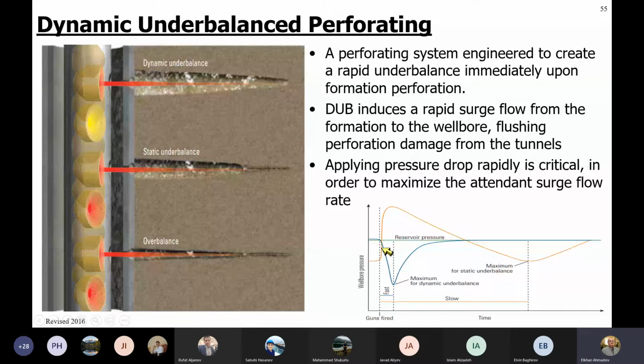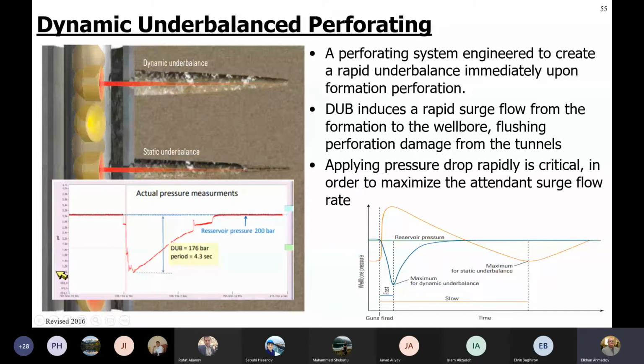You can see it goes down for a very short time, and then the pressure builds up again, but for this short time we get a very fast, flush inflow into the wellbore through the perforation tunnel, and this helps to clean it.